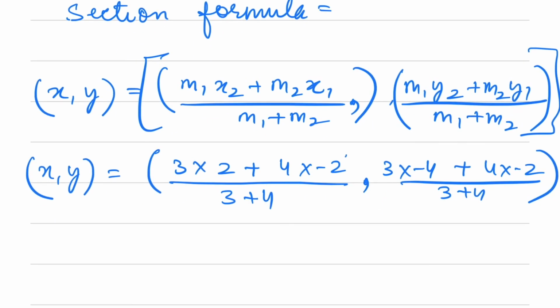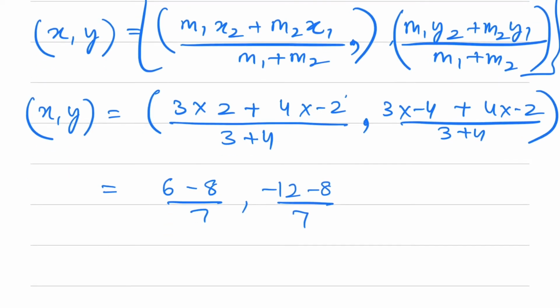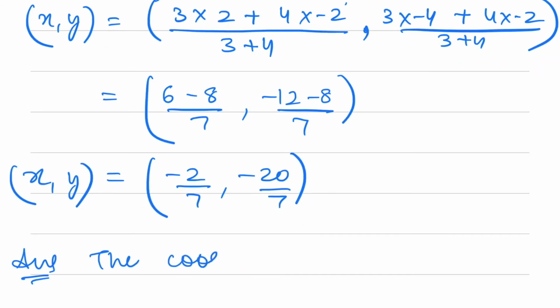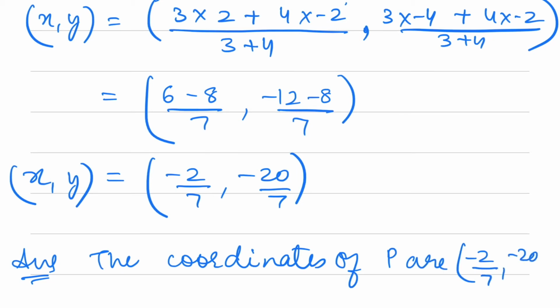So we have this equal to (6 minus 8) by 7, and this would be (-12 minus 8) by 7. So this gives me -2 by 7 and -20 by 7. These are the coordinates. The coordinates of P are (-2/7, -20/7).